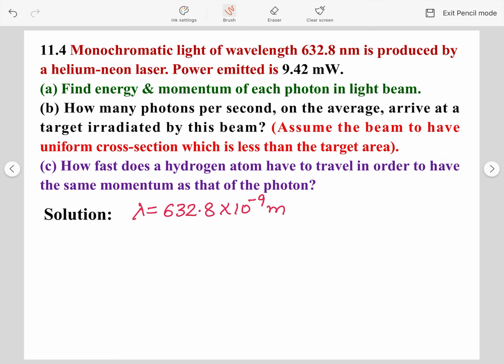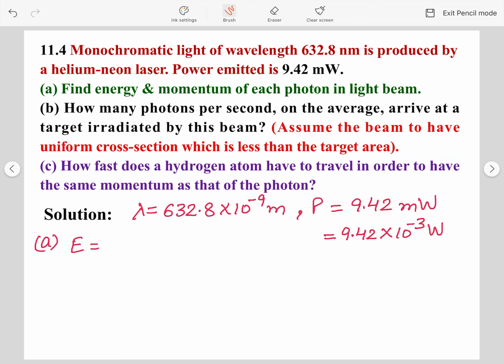Power emitted is given. Power P is equal to 9.42 milliwatt. Milliwatt means you can convert it into watt. 9.42 into 10 raised to power minus 3 watt. Find energy and momentum of each photon in light beam. First one, energy.